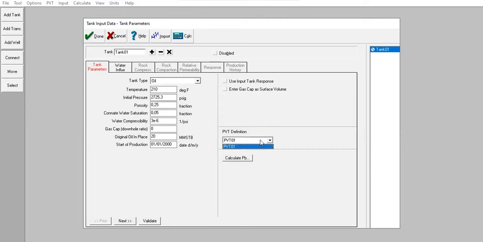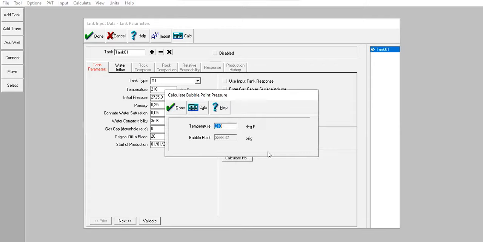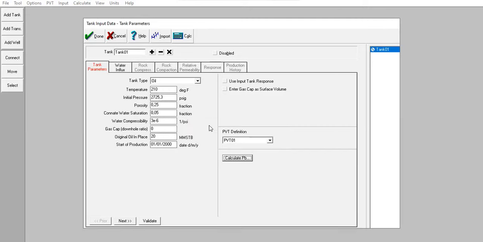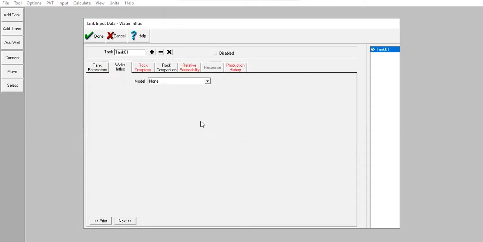PVT definition, I will use this one, PVT1, and I can calculate the bubble point pressure. Press calc. I get the bubble point pressure. Click done. All right. Now, suppose I already know the water influx, the aquifer parameters. So I go to water influx.